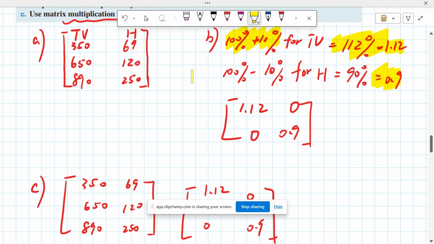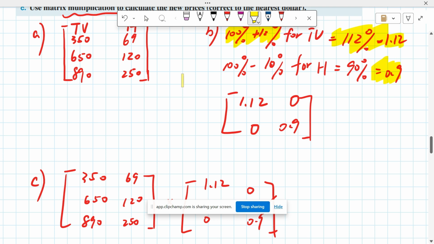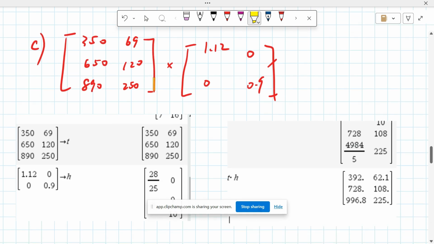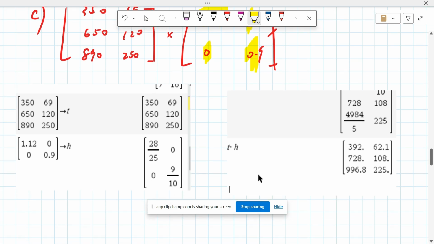So you use a matrix for the multiplication, with 1.12 representing the TV, and 0 because the headphones don't change. Secondly, nothing changes with the television, but you take 90% of the price for the Bluetooth headphones. This is how you create the final result.